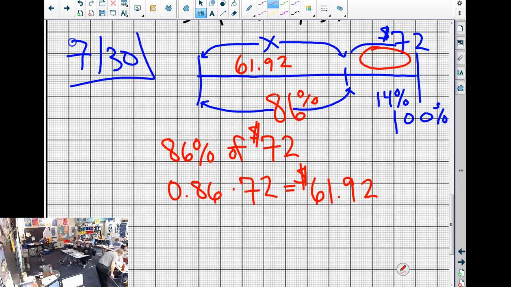It's what? Exactly. 10.08 or $10.08. Very good. All right, that's not going to come out very well, but that's 10.08. It all adds up to 72, and we are all done with 7.1.3.